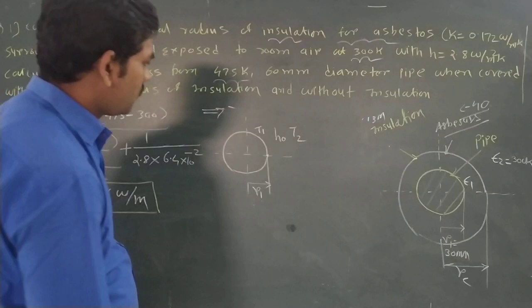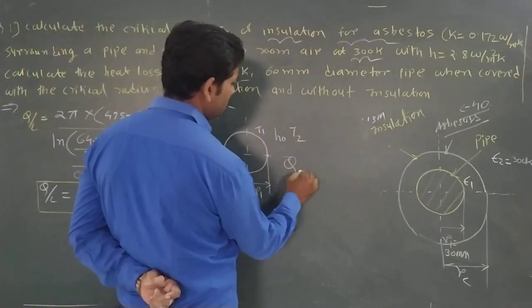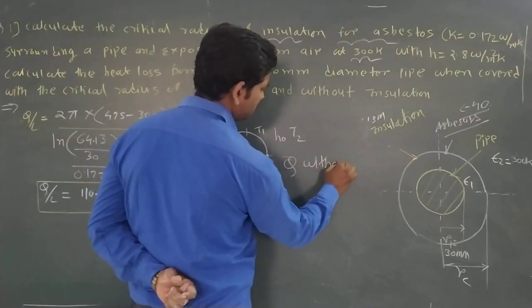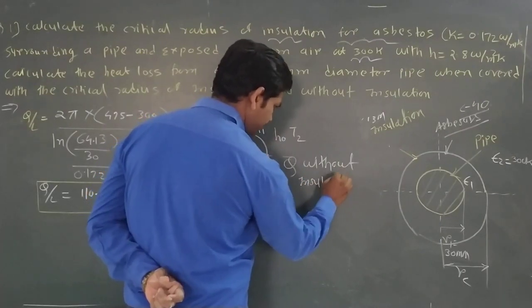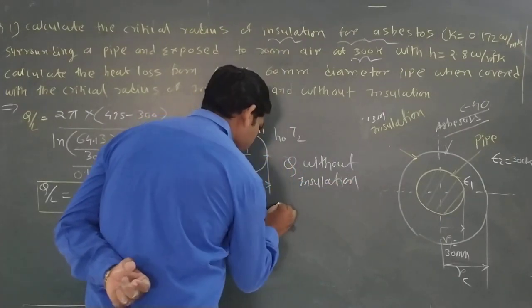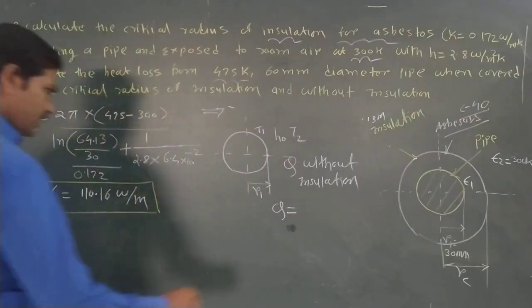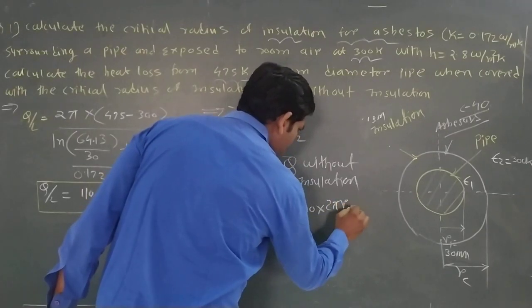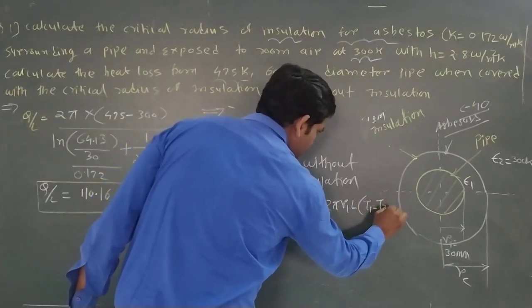So what is the formula for the second case, Q without insulation? What equation do we use for this situation? Q is equal to HO into 2 pi R1 L (T1 minus T2).